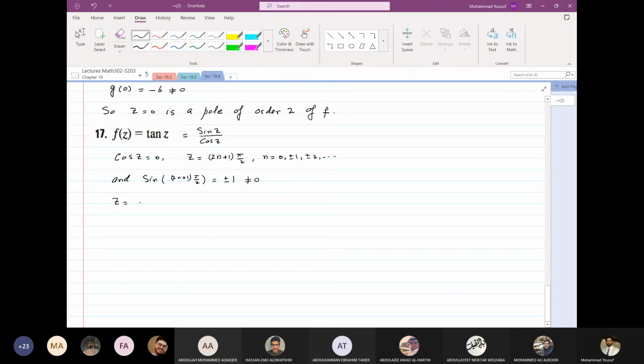So z equal to 2n plus 1 pi over 2 for n equal to 0, plus minus 1, plus minus 2 are simple poles.